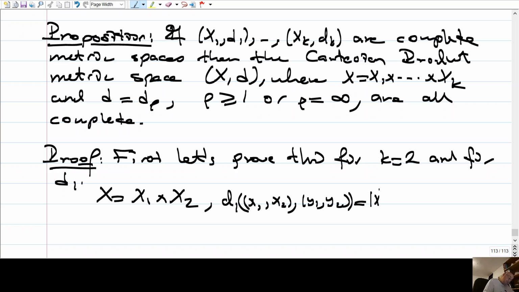It is just d1(x1, y1) plus d2(x2, y2). The notation is not good because I will use d1 here already.